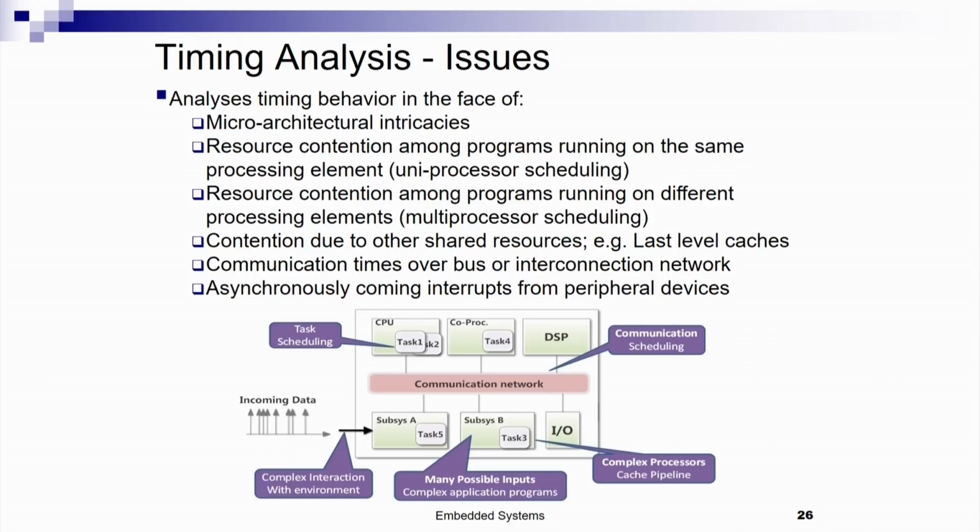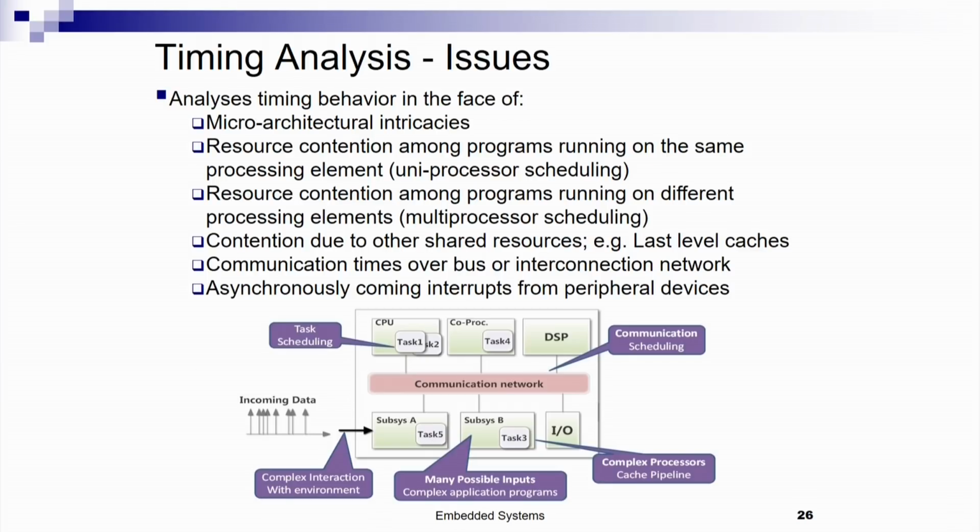Resource contention among programs running on different processing elements will require multiprocessor scheduling. Contention due to other shared resources, for example, last level caches. My instruction was a hit or miss on the cache, and depending on the hit or miss, the time required for an instruction will change.